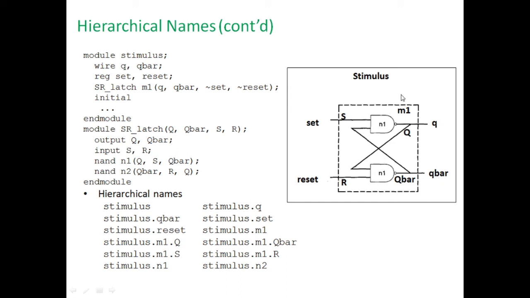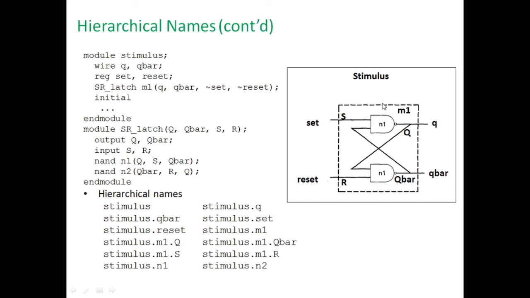Understand? In this manner, stimulus dot q and stimulus dot q bar, because q and q bar are the signals that are present outside, that means they are not present inside your m1. They are associated only with the stimulus, so they can be referred to directly: stimulus dot q bar, stimulus dot set, stimulus dot reset, and stimulus dot m1. These are the things present inside the environment.